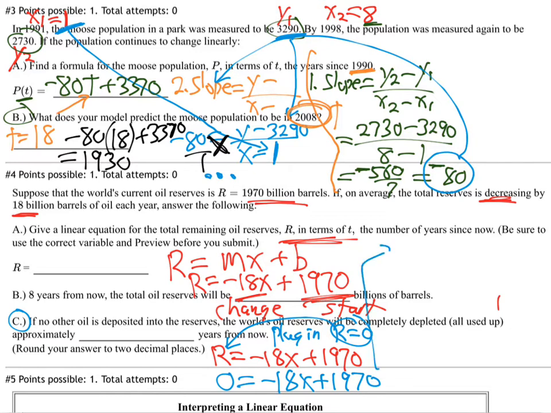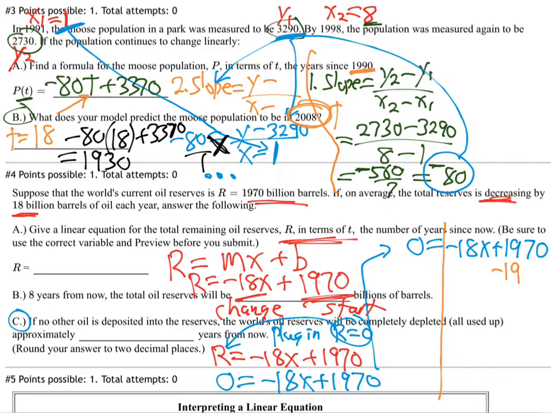Let me bring it over here where we have a little bit of room. We need to solve that equation for x. What do I do to x? Minus 1970. Beautiful.